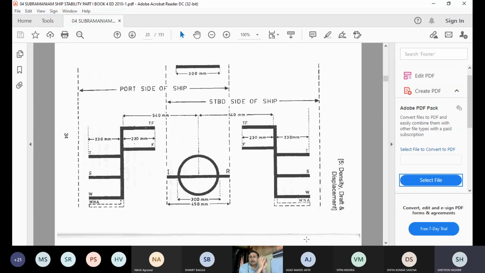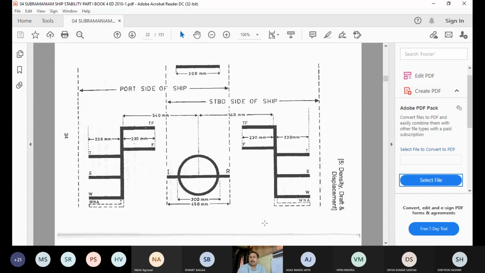So, sir, even if it is going above F, our draft... Can I go above F? Think. No, sir, it cannot. It cannot go above F at all. Please remember one fundamental thing: at no point of time can you sink your load line marks. It is illegal.